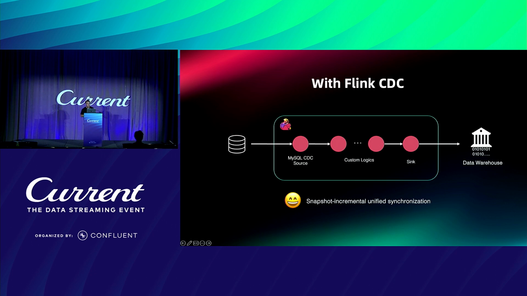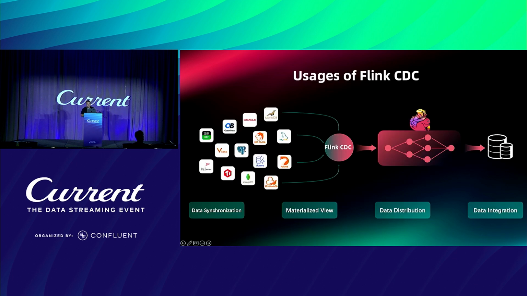Take an example of syncing data from MySQL to a data warehouse like Doris or StarRocks. We can define a MySQL CDC source to read snapshot data from a MySQL database table and then automatically switch to reading the MySQL binlog. Flink CDC makes the data integration pipeline much easier.